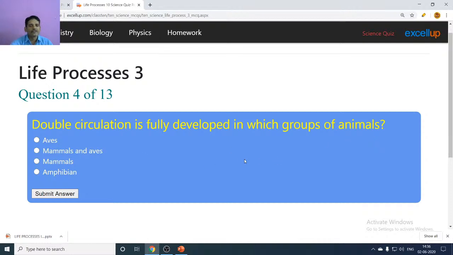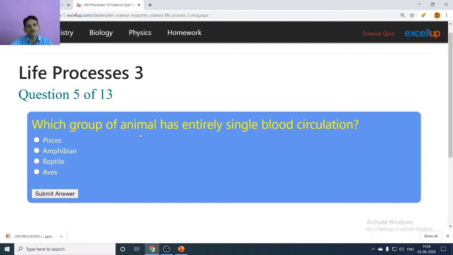It is fully developed in mammals. Okay, first in the aves, but later completely developed in mammals. Next, which group of animals has entirely single circuit circulation? In fishes.